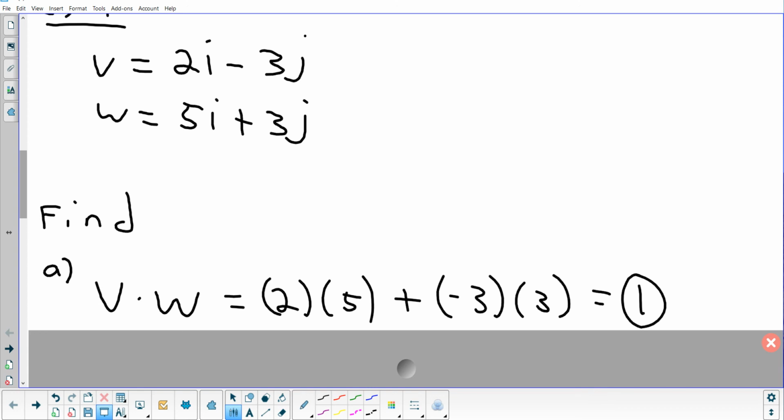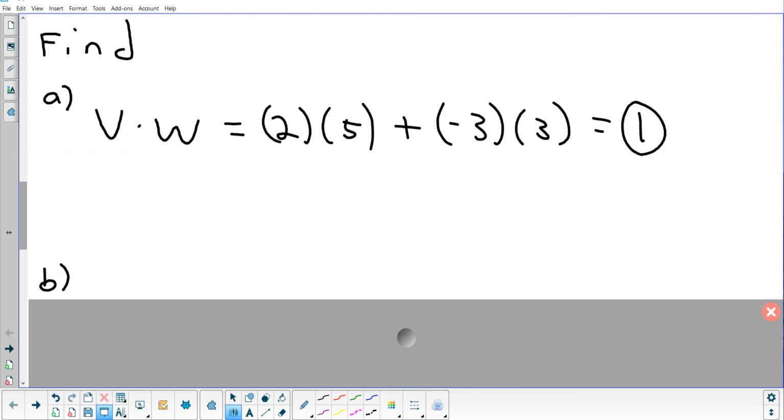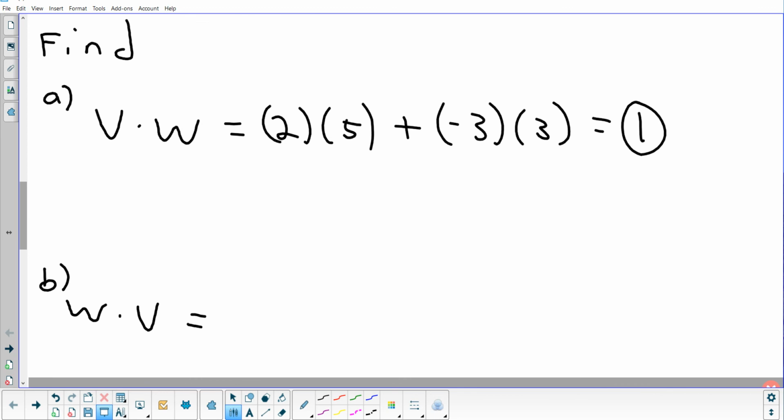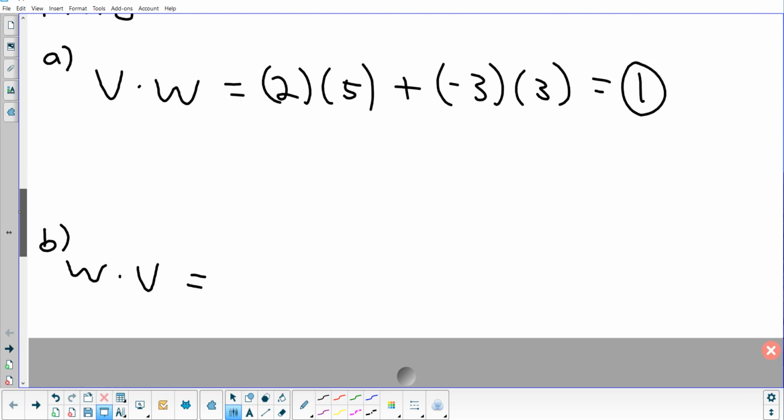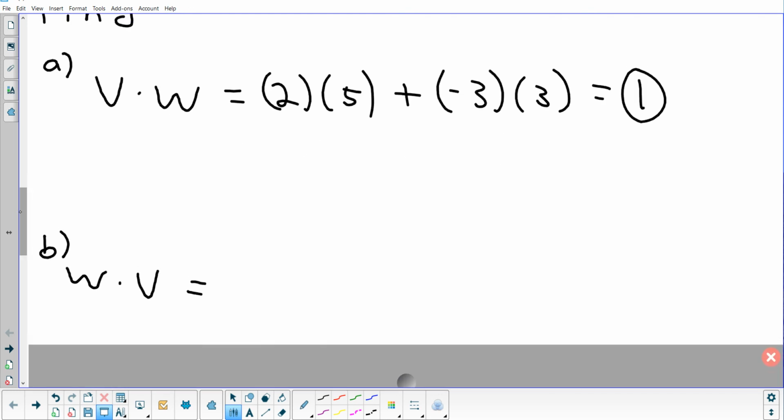And in a little bit, we'll see what you can do with that 1. This 1 allows you to do something. We'll see. All right, so that's v dot w. Let's try w dot v. If I write it as w dot v, very specifically in that order, what would I write down first? 5 times 2.